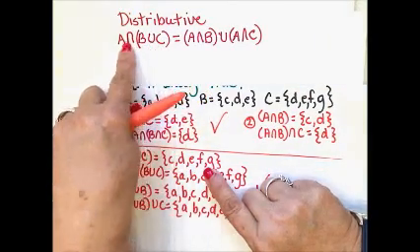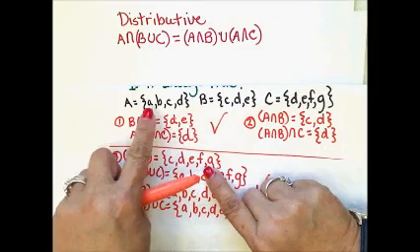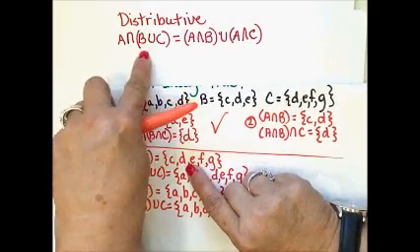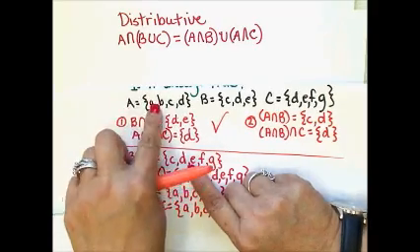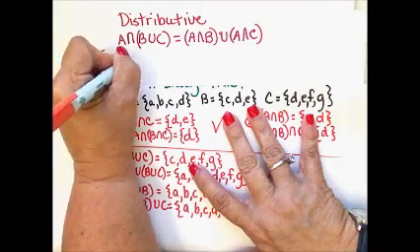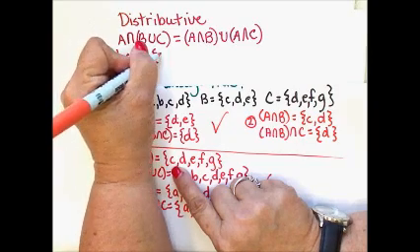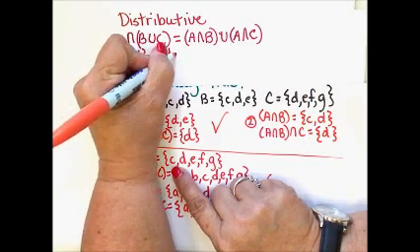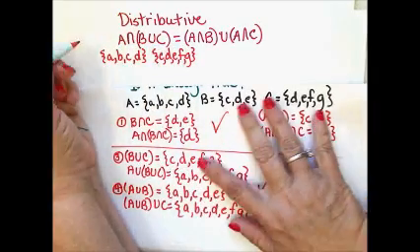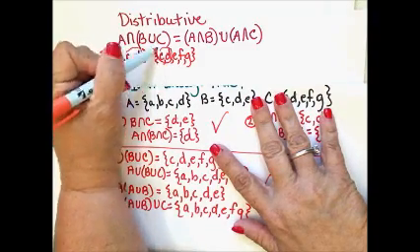So B union C is this, and then I want to find what's common to this and A. So A has this. I'm going to write these down. That might be easier. Set A is this. And then our B union C is this. So what's common to those? Then I have a C and a D that are here, and a C and a D that are here. So this would be the set CD.